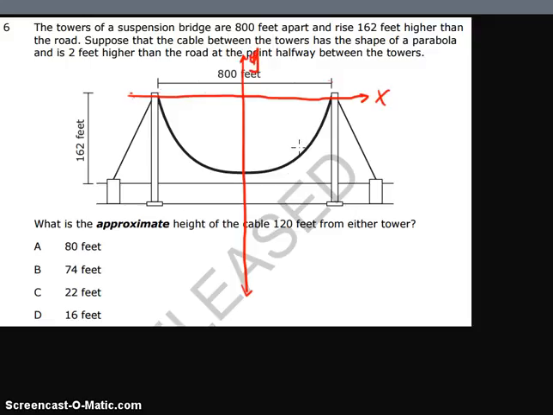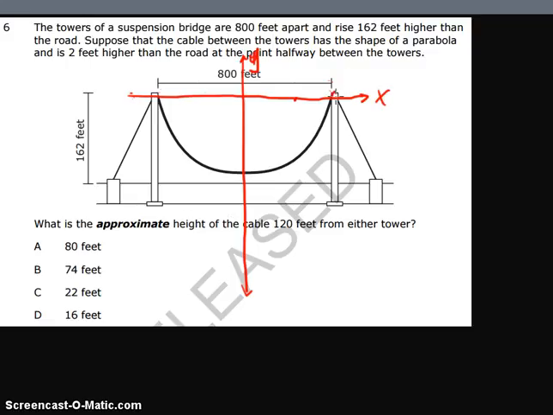Now based on this, they are asking us the height 120 feet away from either of the towers. So I'm going to assume this is 120. Now since this is 800, the middle is going to split it into two 400s.